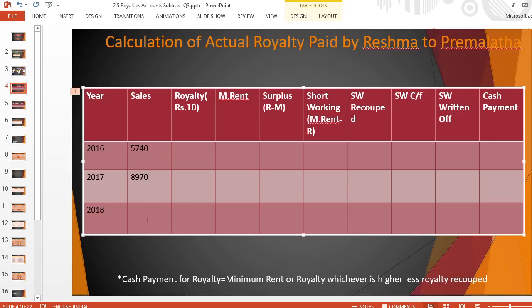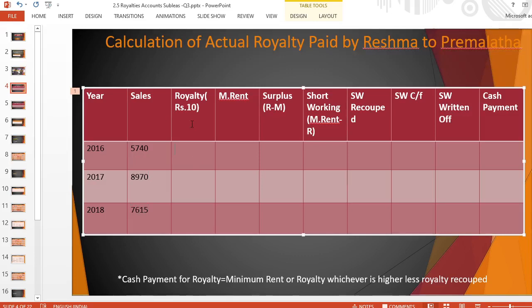And in the year 2018, it's 5,675 plus 1,940. It's 7,615.